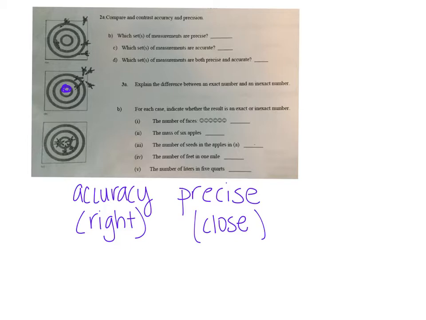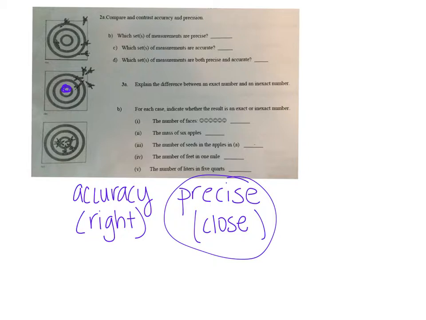If you do more than one trial, are you using the correct method? Because most likely, we're going to be doing a before and after measurement in a lot of your labs. And as long as you are precise, you're still going to have the same difference as if you were accurate. And that's why that's so important.